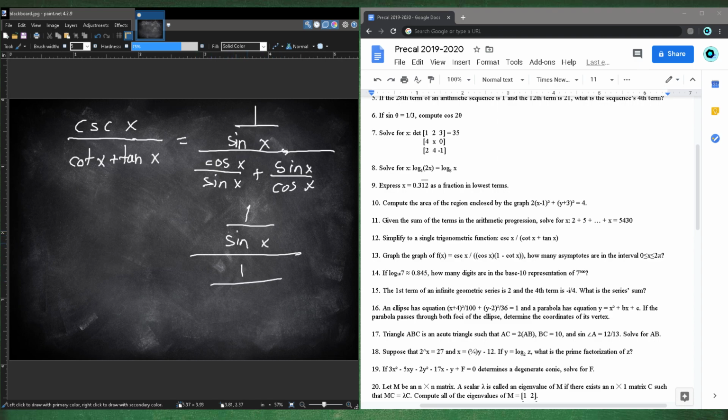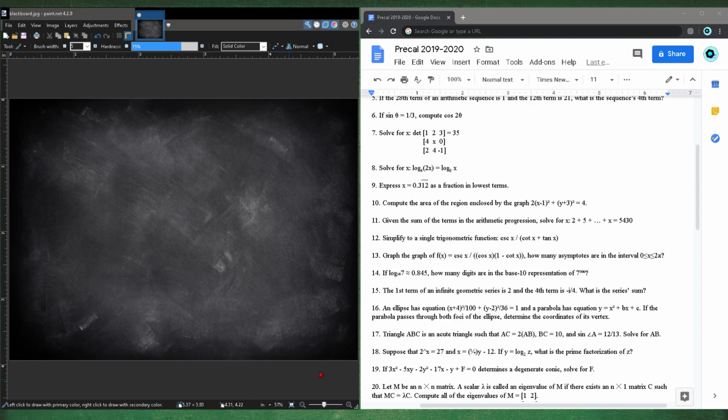So that's 1, and then sine times cosine is sine times cosine. Right, so dividing by a fraction is multiplying by its reciprocal. So 1 over sine of x times sine of x times cosine of x. Right, moving them both to the numerator. And then cancel out the sines, and then you're just left with cosine of x. And that's your answer for number 12.